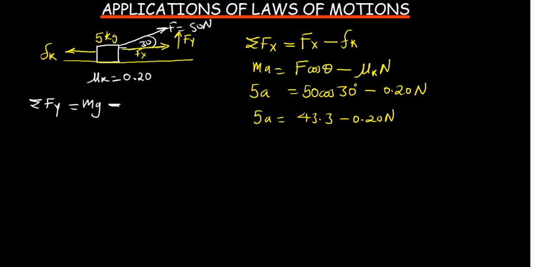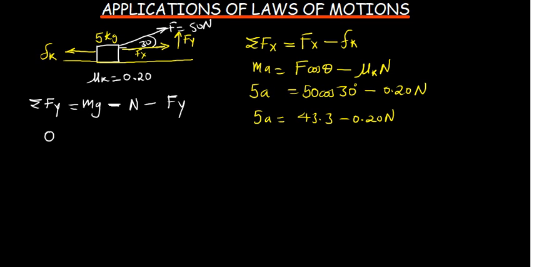The first upward force is the normal force, which is direct up. But also we're going to remove Fy. It is also going up. Now, because this object is not moving up or down, the net force in the y is going to be equal to 0. That is because we know that net force is given by mass times acceleration. There is no acceleration in the y direction because it's not moving in the y. That's why the net force is 0.